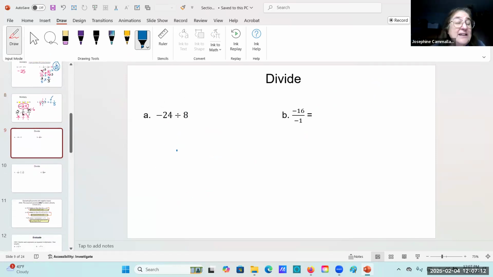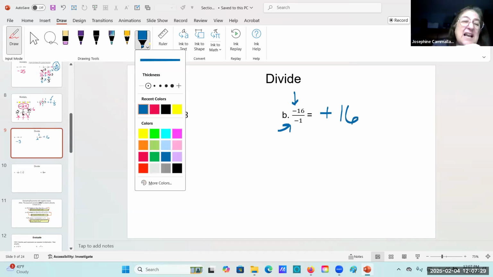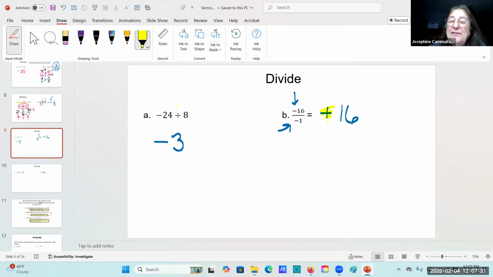Now, when we divide, this is going to give me a negative 3. Now, I have a negative and a negative, which is a positive 16. This negative sign, you don't have to write in the answer, but you've got to know it's positive.